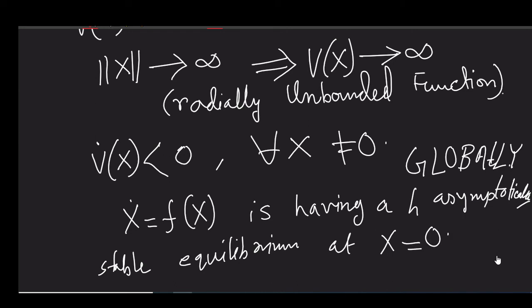Now this is very important to note, what observation or inference you can draw. Like, if we consider the pendulum example, can we have a global asymptotic equilibrium point?